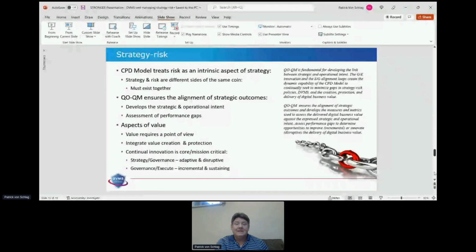If I create a digital business capability, but I can't suitably protect it, the value that it's supposed to create won't accrue, and it won't effectively happen. So by embracing this broad idea of strategy risk, then, we can use QOQM to establish strategic goals and metrics to be able to assess what key questions we would need to answer from a strategic perspective.